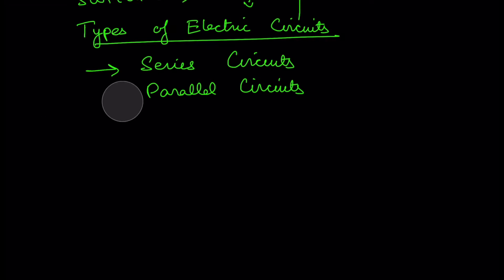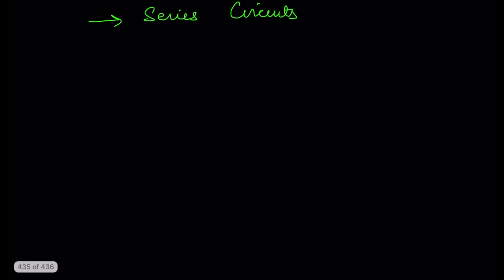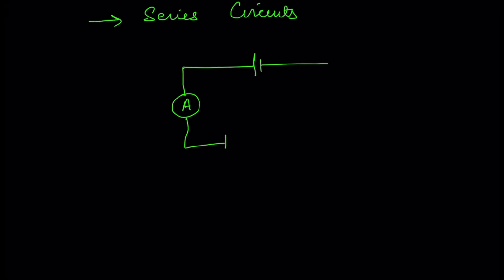So series circuit. Let me just draw a circuit. For example, this is the cell, this is the ammeter, this is a resistor, this is another resistor, this is the positive terminal of the cell, that's the negative terminal of the cell.